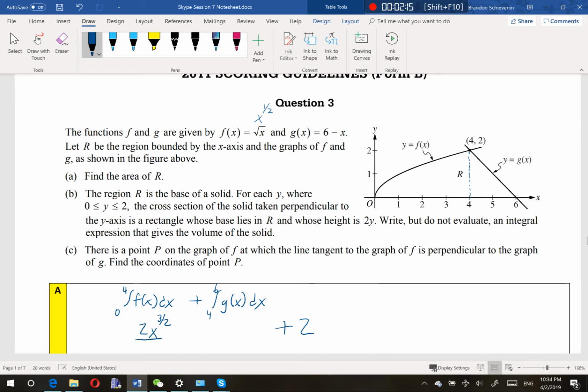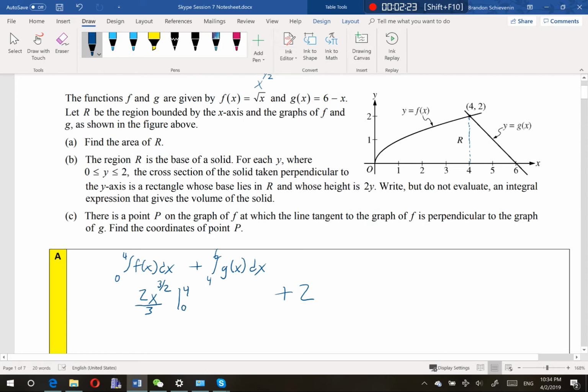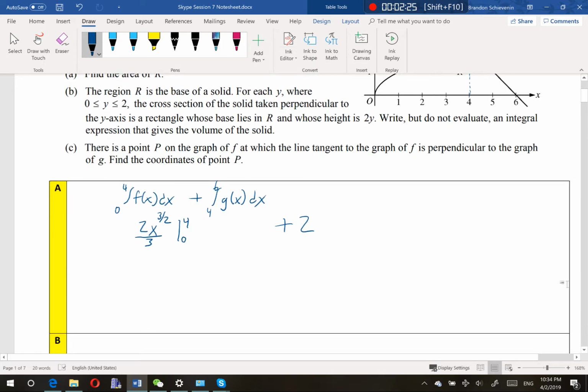2 over 3, and I did have bounds there, from 0 to 4, so I'll have to plug in those bounds. If I plug in 4, this would be 2 times the square root of 4, which is 2, to the 3rd power, which is 8, times 2, which is 16, divided by 3.